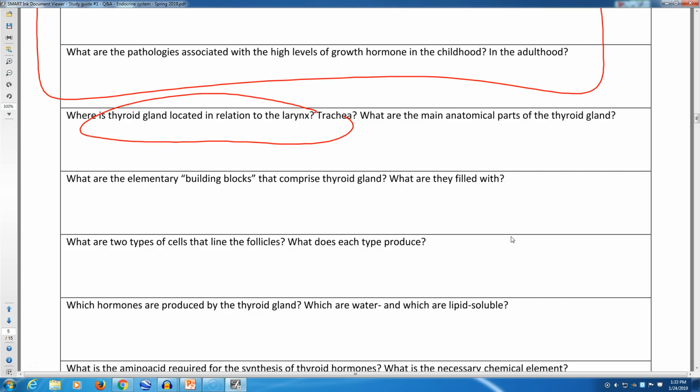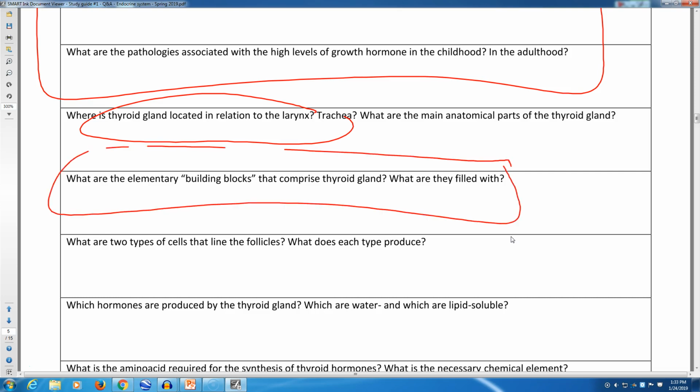There's going to be only one answer that logically falls into the thyroid gland story. Follicles filled with colloid are building blocks. 2 types of cells, follicular and parafollicular. Follicular produce thyroid hormone, parafollicular calcitonin.